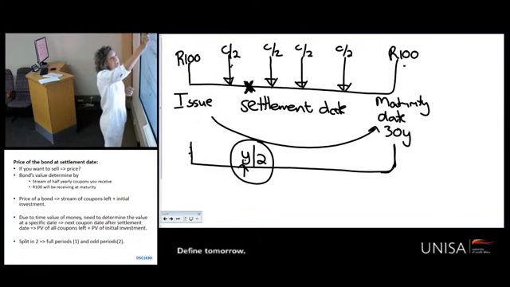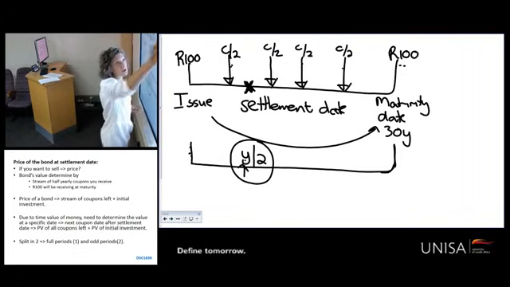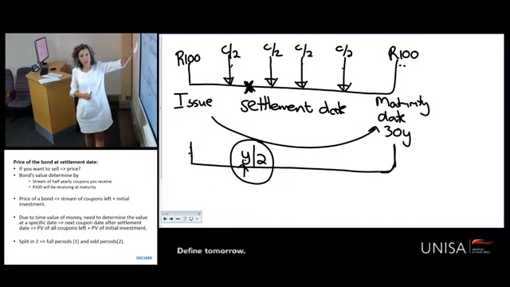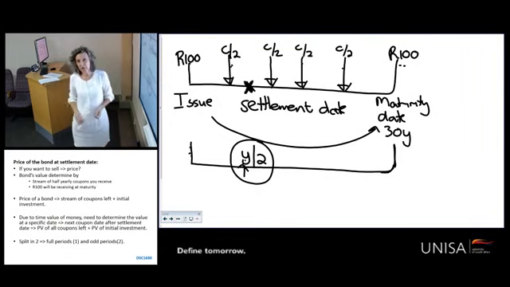Firstly, it's these inflows of my coupons, plus the 100 Rand that I'm going to get back at the end of the day. So what gives value to a bond in general is that coupon that's being paid into my account, plus at the end, the 100 Rand that I've invested, they're going to pay me back.